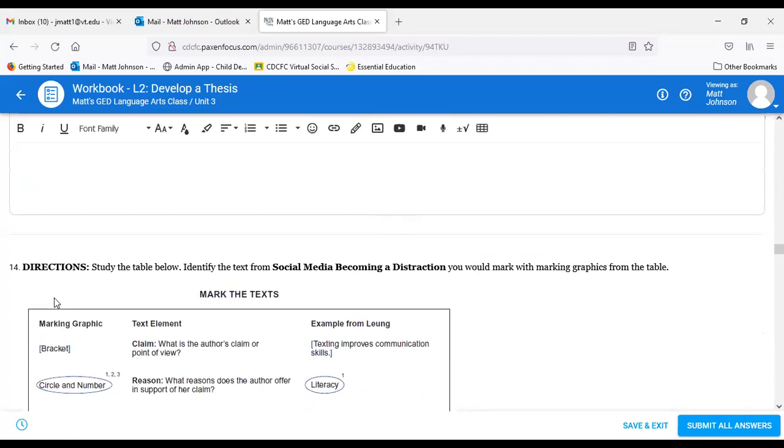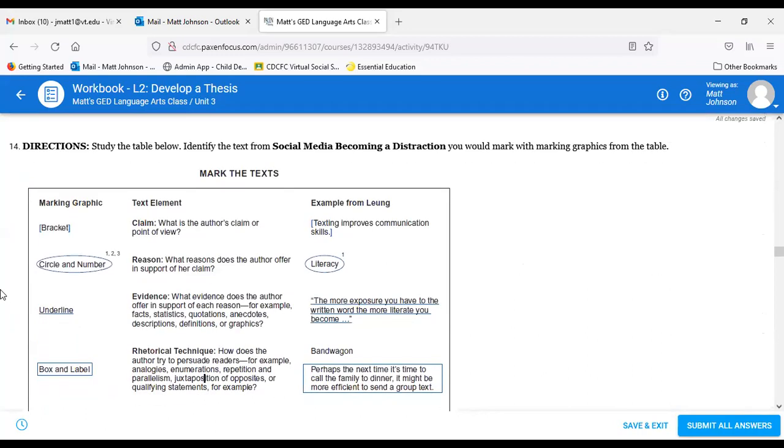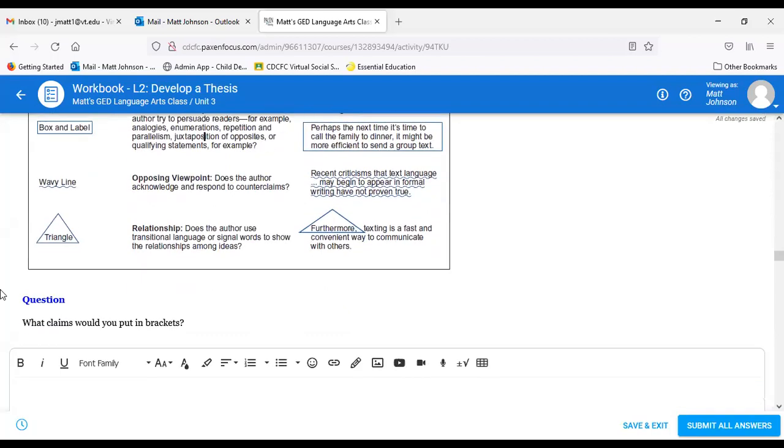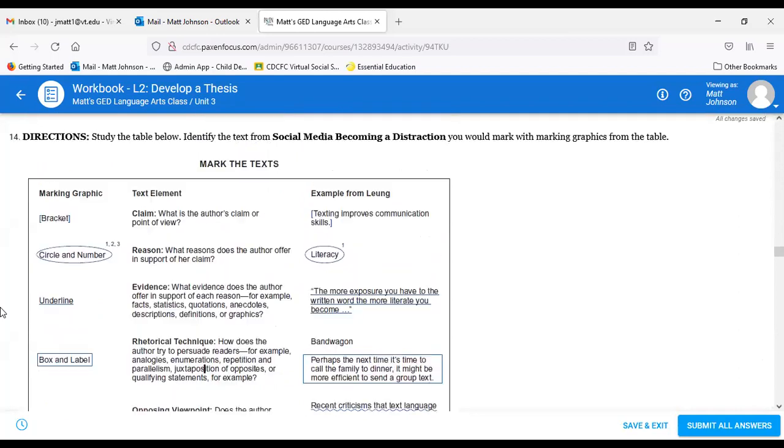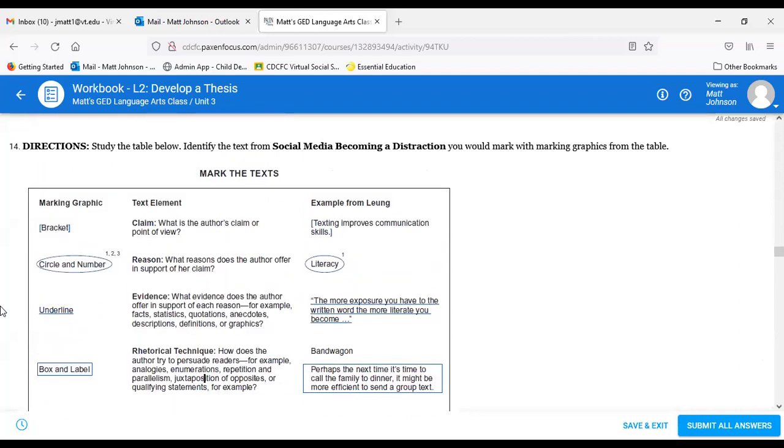So we're going to mark up the text here. Identify a text from social media becoming a distraction. You would mark with marking graphics from the table. Okay. So this next part is more of showing you how you can find different elements.